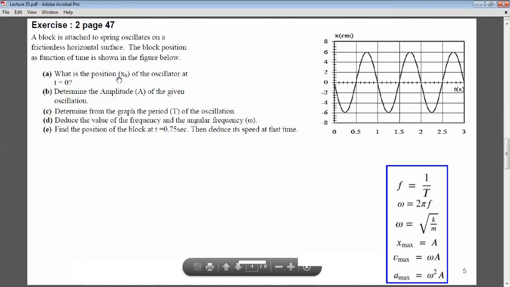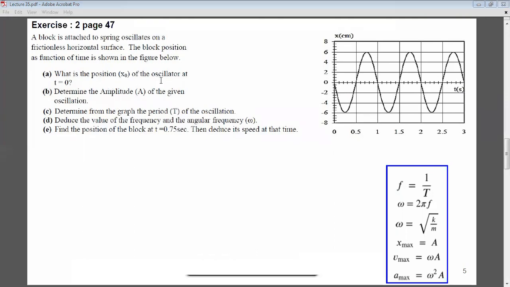What is the position x0 of the oscillator at time equals 0? So what is happening at time equals 0? As you see in part A, at time equals 0, x equals 0. We got this from the graph.